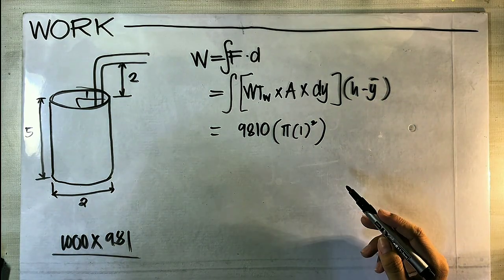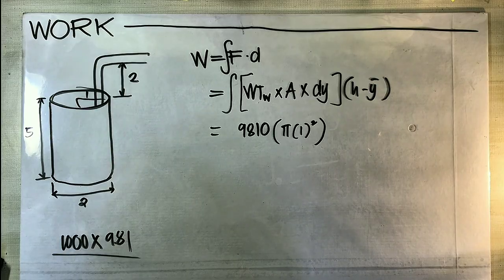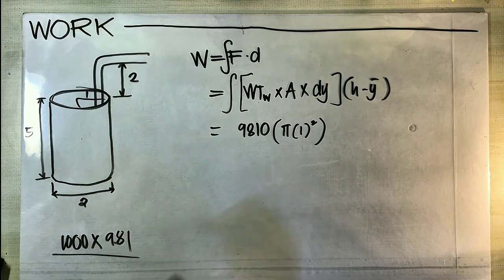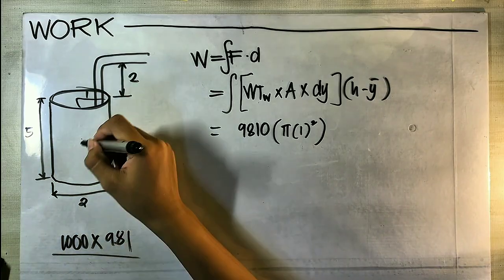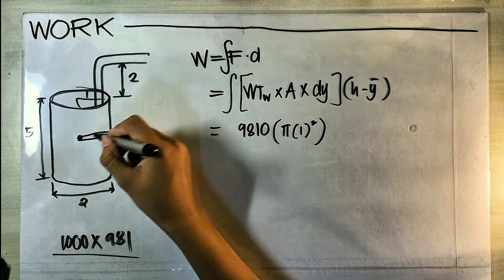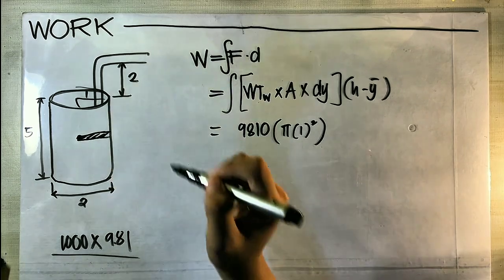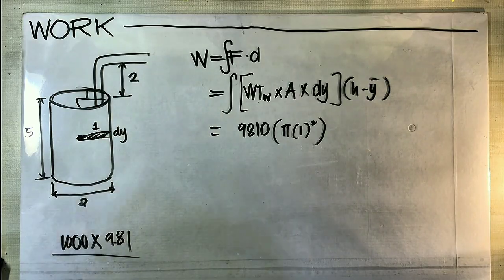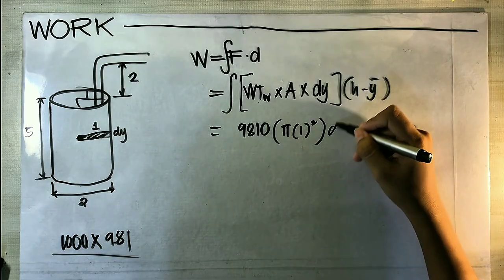And then since our height here is changing, our thickness is dy. So let's say we have here the centroid and we cut this into strips. So this is dy. This is our radius. So let's put dy.